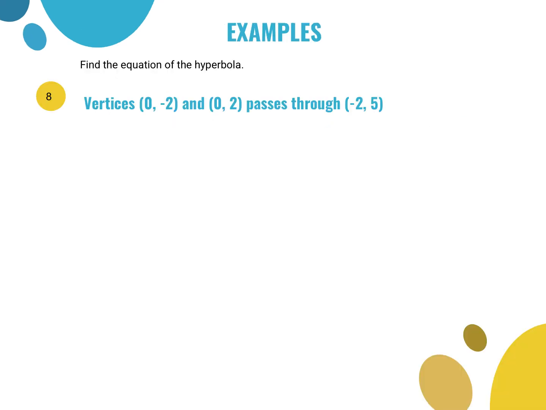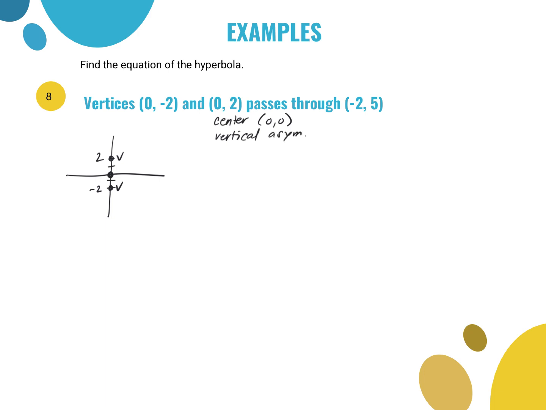All right, so again, find the equation of the hyperbola, and let's just kind of draw it out. Our vertices are 0, negative 2, and 0, positive 2. So here's my vertices, here's my vertices. So again, I know my center is at 0, 0, and I know that it's going to be a vertical hyperbola.